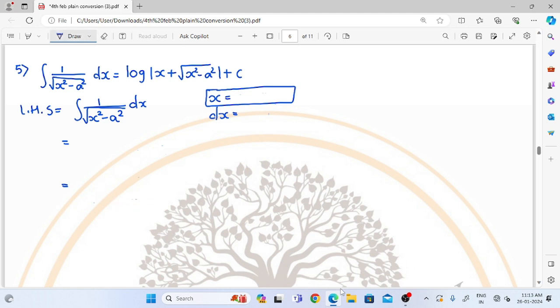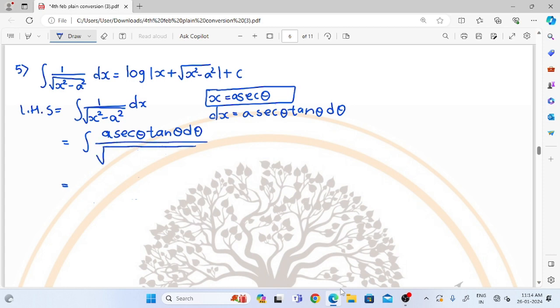So in this question we will take x is equal to a sec theta. Okay. So what is the derivative of sec theta? The derivative of sec theta is sec theta into tan theta d theta. Okay. So now by using this, let's check whether we will get the answer or not. So dx is nothing but a sec theta tan theta d theta divided by, inside the square root, x square.